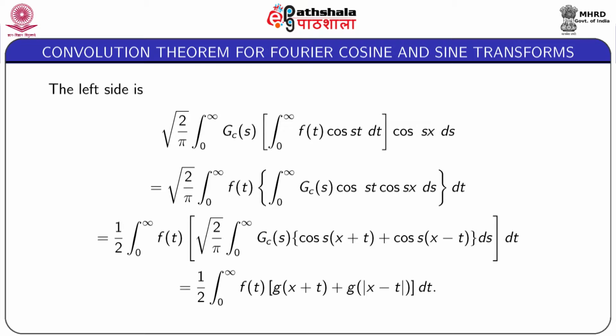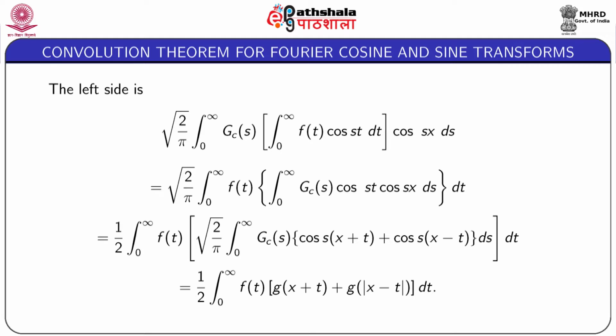Now, the integral 0 to infinity of capital Gcs into cos s(x plus t), after Fourier cosine inversion, gives back small g(x plus t), and the integral of capital Gcs cos s(x minus t) ds, after Fourier cosine inversion, will give back small g(mod x minus t).